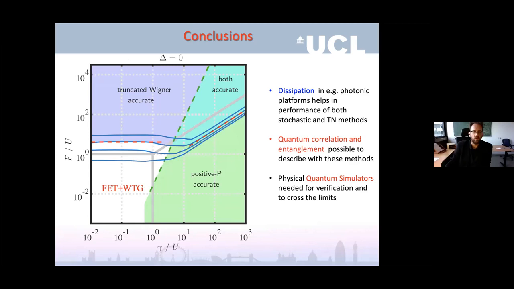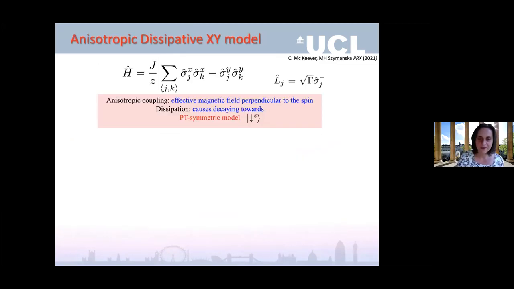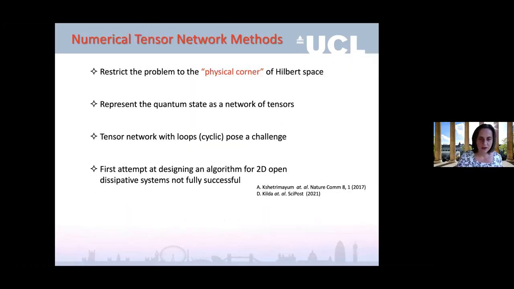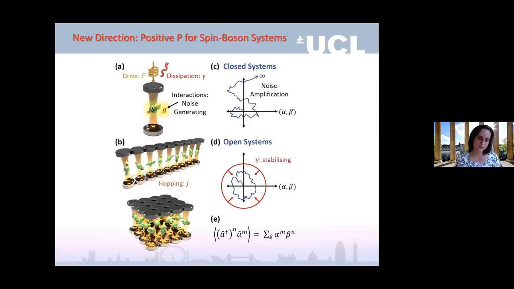Thank you. Other questions? Just a quick question. For the positive P method, can you actually apply it to quantum spin models? To quantum spin models. Yes, this is something which I skipped due to lack of time, but at the moment we are developing that method for spin models.